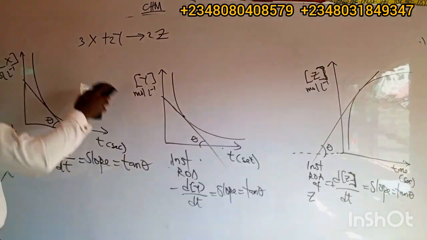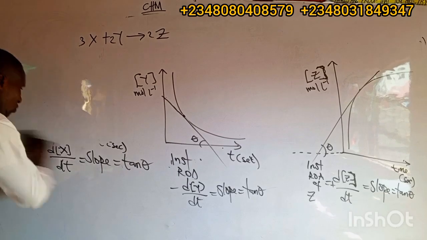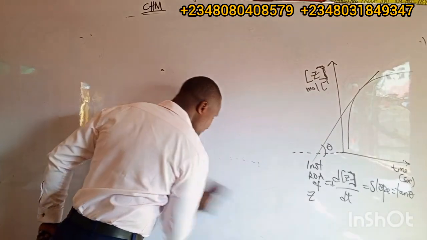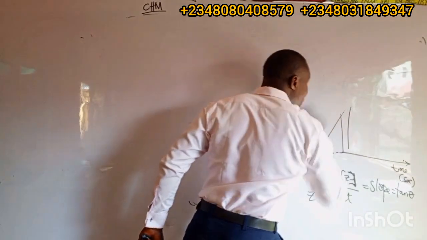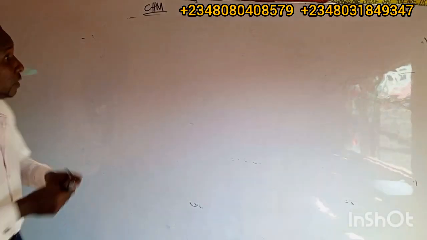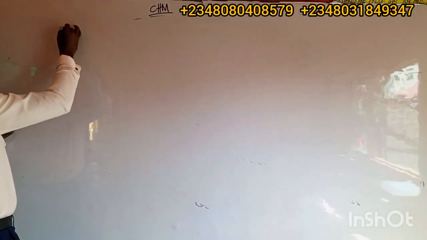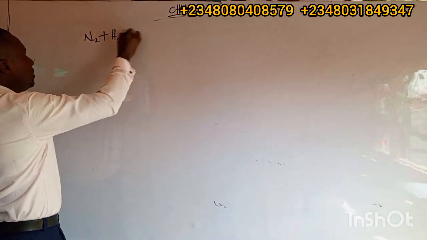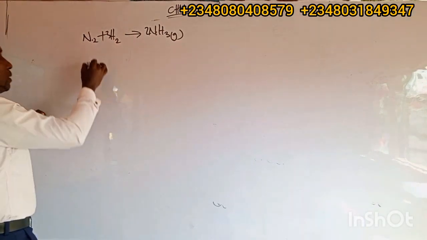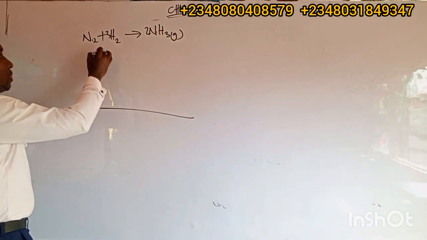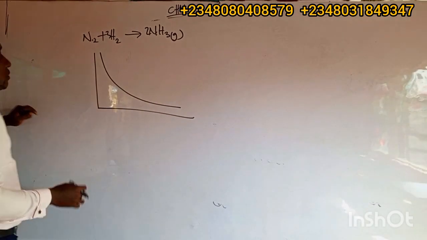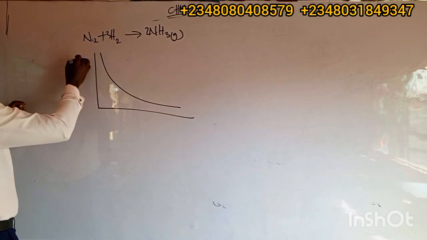Okay. Let's look at some numerical questions. We have to be fast because of time. Look at this question. Question 1: nitrogen gas plus hydrogen gas to give ammonia gas. Balance. Question 2, 3: you have the graph of instantaneous rate of disappearance of hydrogen gas.